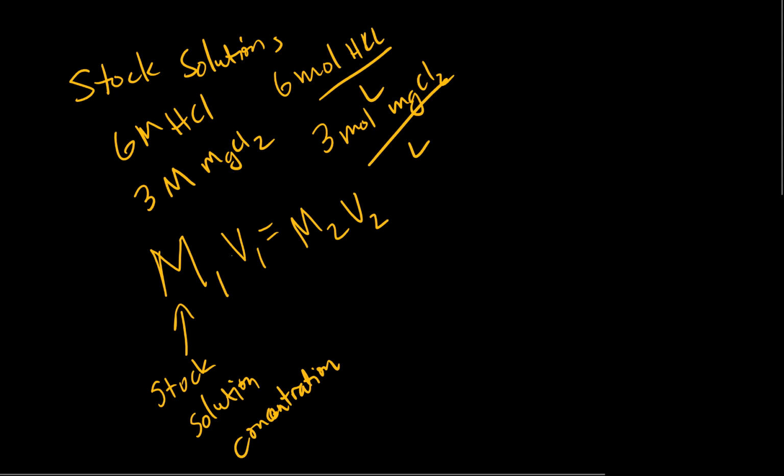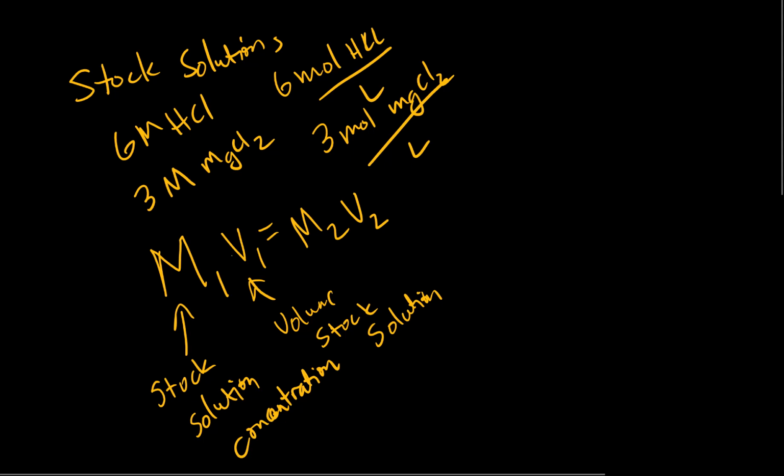Now V1 refers to the volume of our stock solution. In the case of our Kool-Aid, that would be how much Kool-Aid you start with. Maybe you have half a cup and you're going to dilute it to a full cup. So that's the volume of the stock solution.